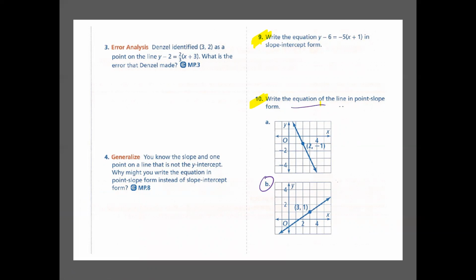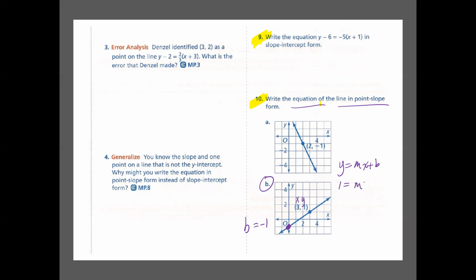So it says write the equation of the line in point slope form. So looking at this right here, it looks like your b value is negative 1. You have a point, 3 and negative 1. So I have y equals mx plus b. My x value is 3, my y value is 1. So 1 goes in here.